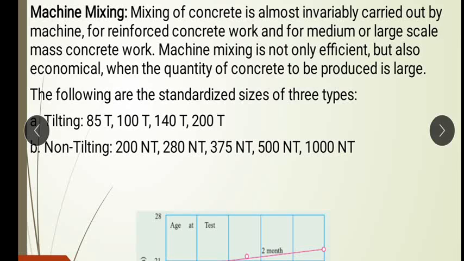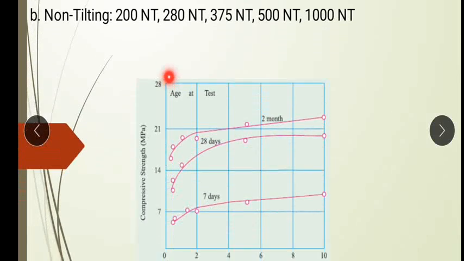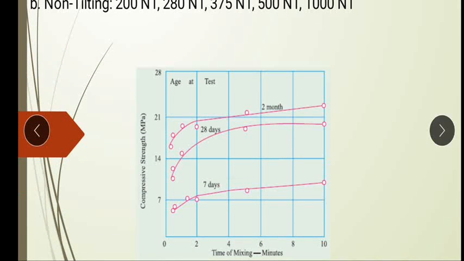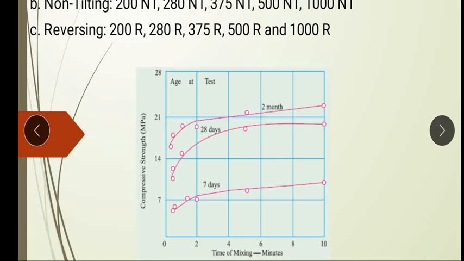Non-tilting types are also there, which can mix up to 1000. A third category is the reversing type, with 200, 280 or 375. These are the general models.